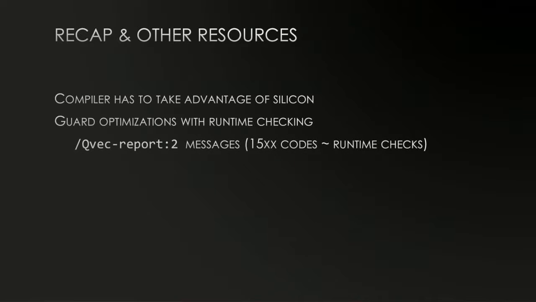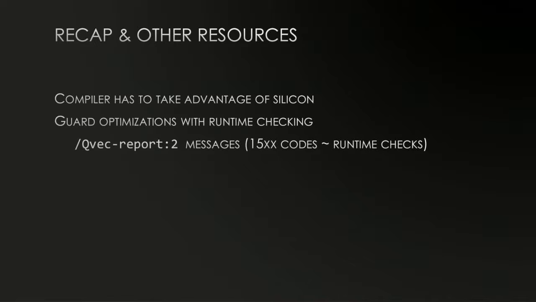And one of the ways we do it is guarding optimizations with runtime checks. And we do that right now with automatic vectorization. I would love to extend that to other optimizations as well. It's just that when you are able to vectorize a loop, there's a pretty dramatic impact to performance. So we've targeted the speculative or the conditional optimization stuff more towards the vectorizer.